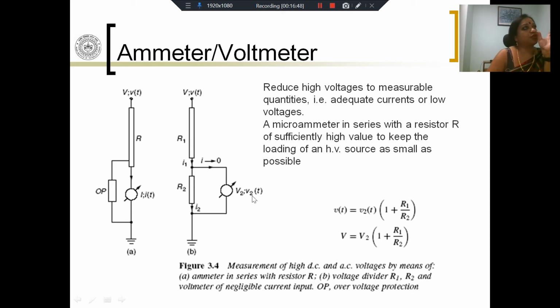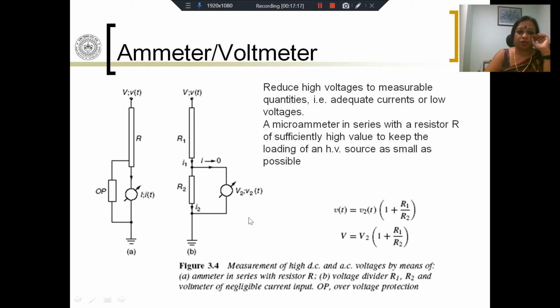So that what you're measuring is a low voltage quantity which can be safely measured by the operator. So you have to first reduce the high voltages to measurable quantities, either adequate currents or low voltages, and then you put a microammeter in series with a resistor capital R of sufficiently high value so that the loading of the high voltage source is small, and you have a very small current I, and this current can be read off across a resistor.